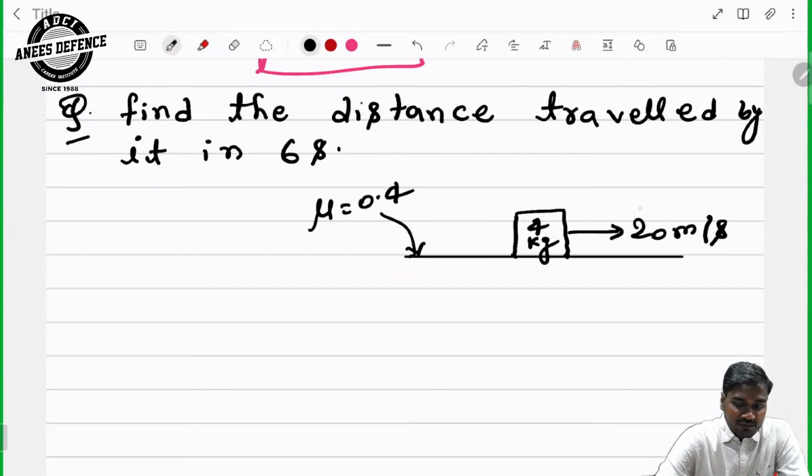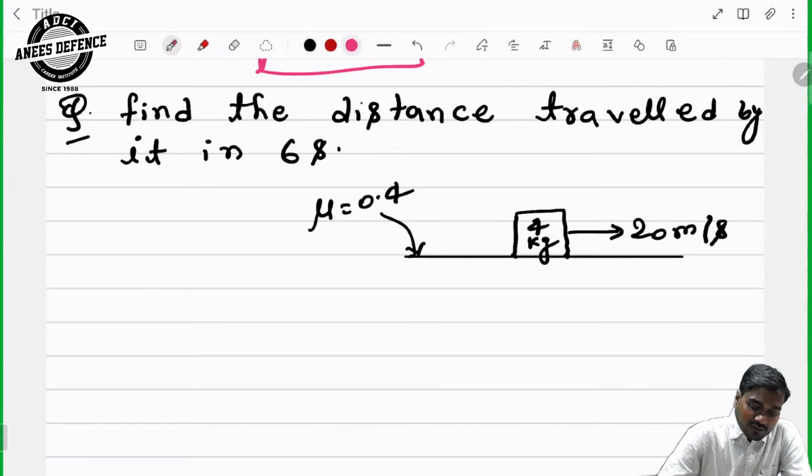You have initial velocity, right? And you have to calculate the distance traveled by the object in 6 seconds. So due to this friction force, the object will be retarding.